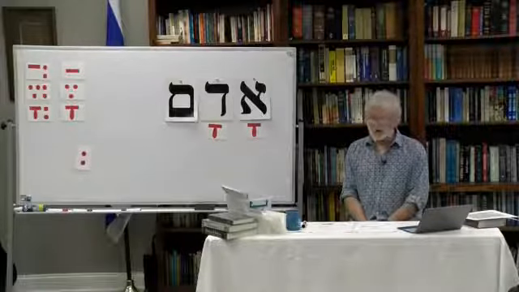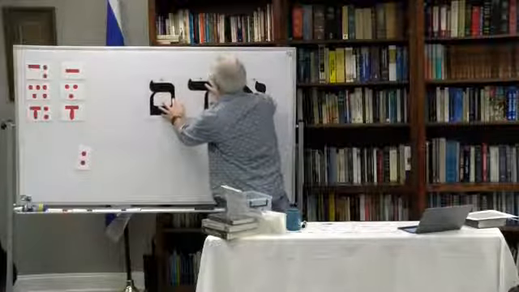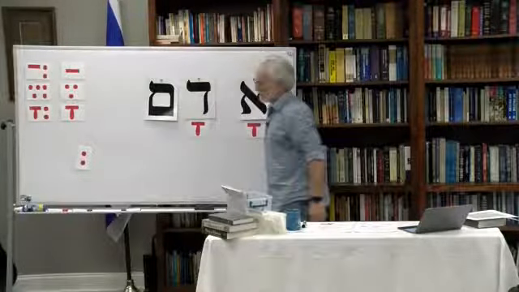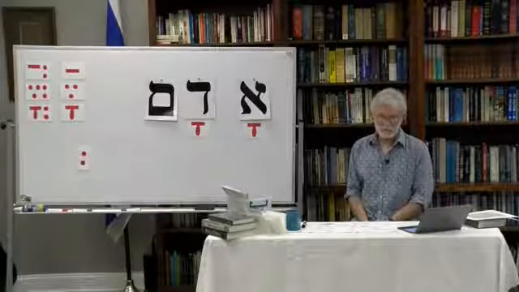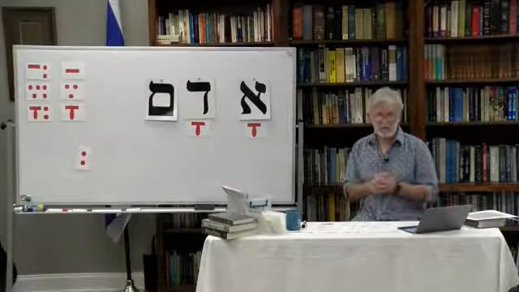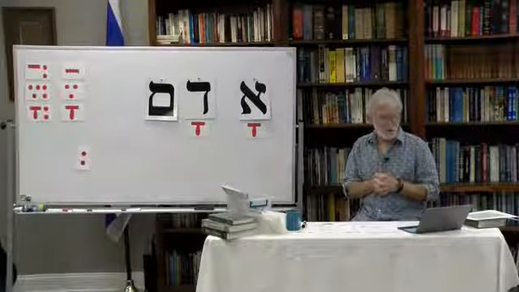A vowel in an open, all right, let me space these out again. This is our word Adam. A vowel in an open, unaccented syllable is long. Okay? Now, this is the part that people struggle with, but stay with me because it will make sense.